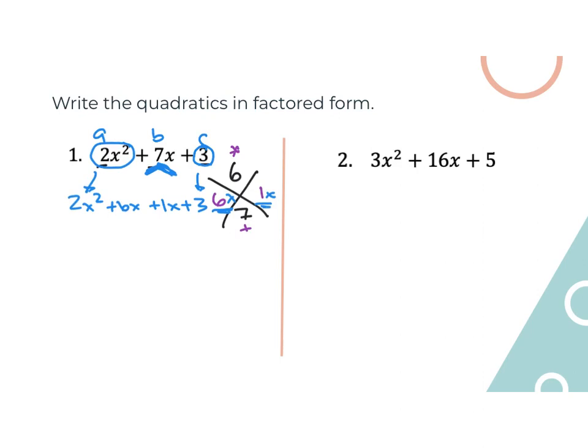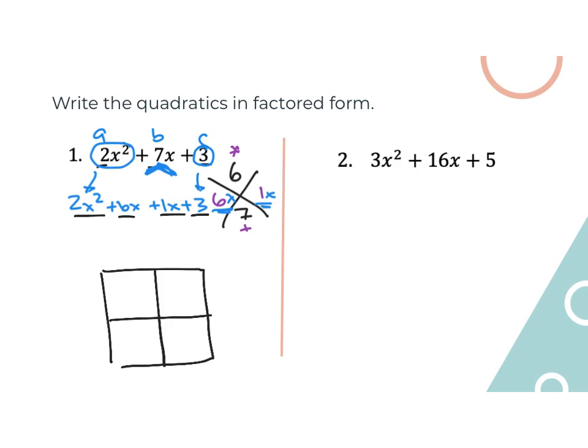Okay, so now I'm going to go ahead and set up a box for all these terms, okay? I want to stick these 4 terms here into a box because that's going to help me organize my factors. So set yourself up a 2x2 box, okay? This is kind of like the same box that we used back in Unit 2 when we would multiply things in, except that now we're starting with the insides.